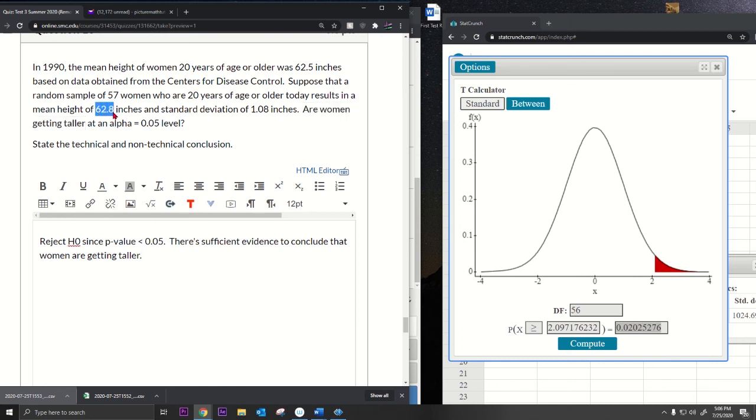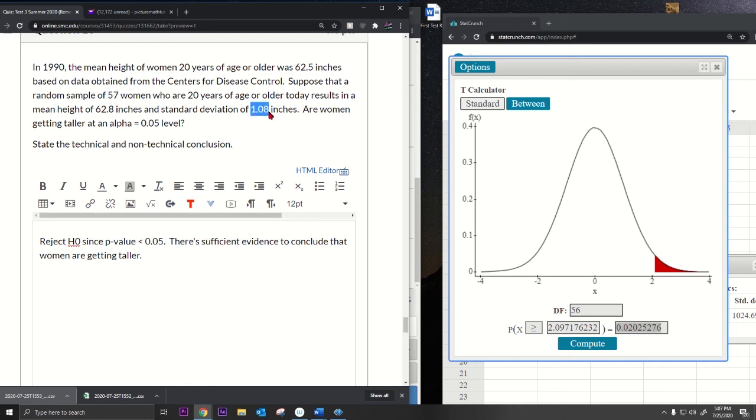which is kind of interesting because you wouldn't think so, right? Because 62.8 versus 62.5, it's kind of close. But why is it? Because what's happening is our sample size is 57. That's condensing the sampling distribution, making it really, really tight. So what's the square root of 57? Well, the square root of 49 is 7, so it's a number greater than 7.